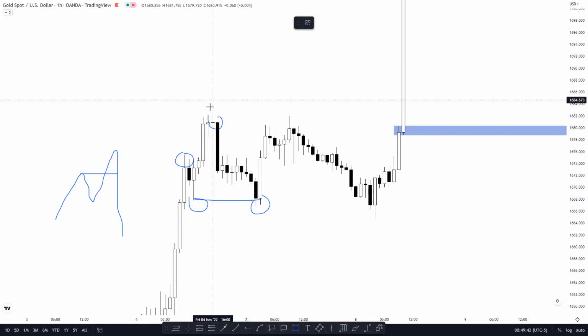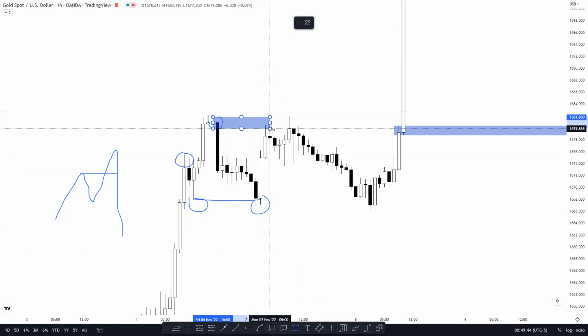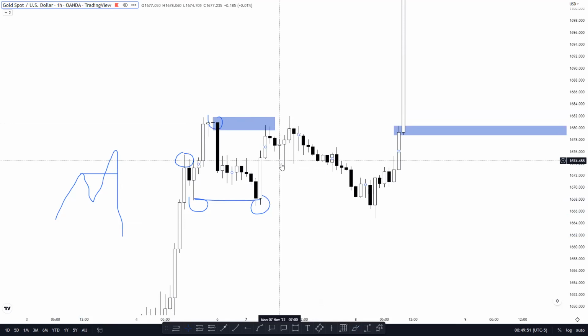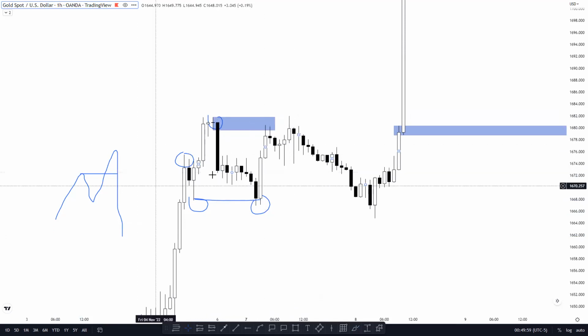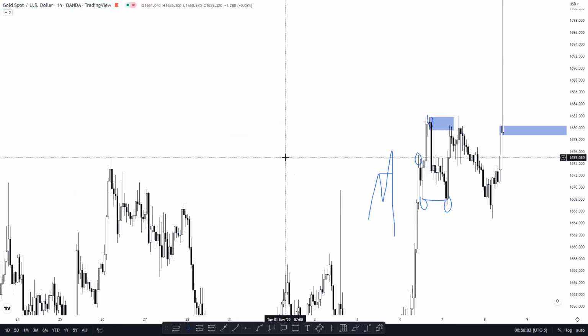So what just happened? Market came in, mitigated this high, and gave a nice sell move towards the downside, but again came in and stopped you out. So this is something like a manipulation only.